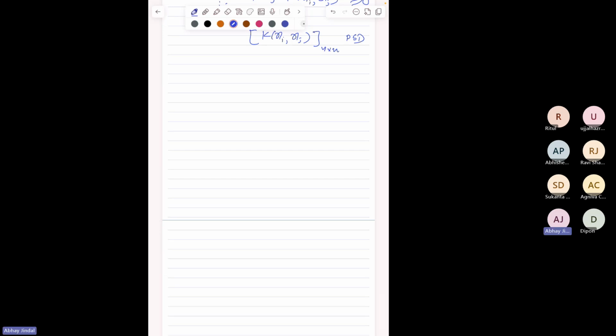Now let us come to the proof of the main result. First we will prove that if phi has the given form, then it is a Schur function. What does that mean?